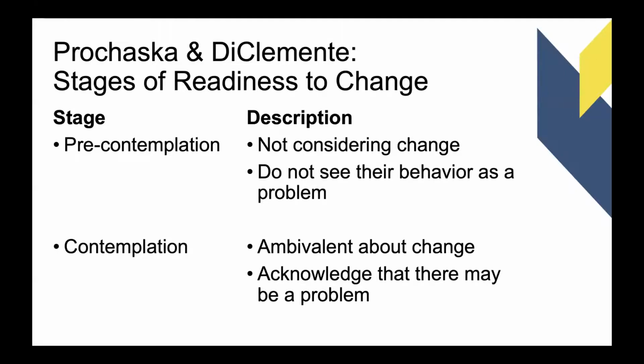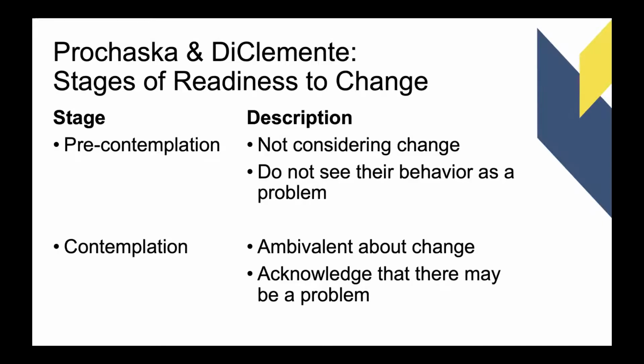So at this point, readiness to change would be at 0%. They see no reason because to them there is no problem. And in the old days, the clinician might have called this stage denial, or they might see themselves as not that bad. Maybe they really did just make one mistake.